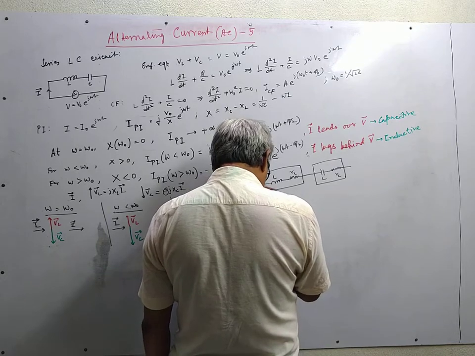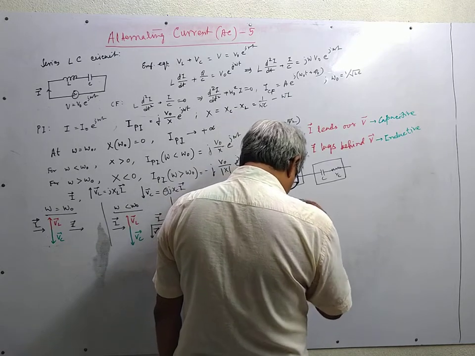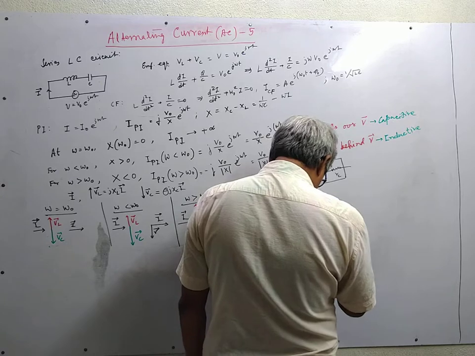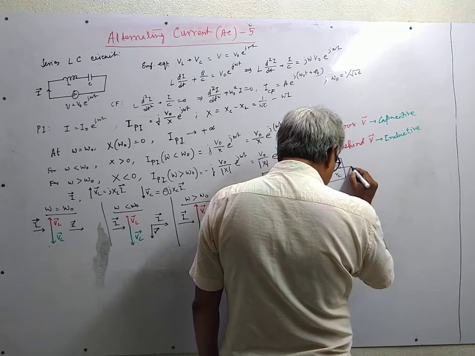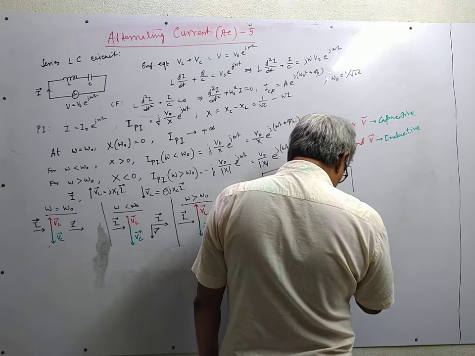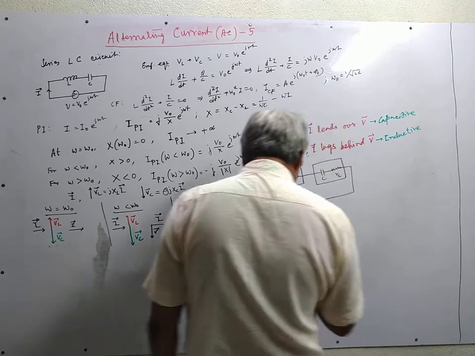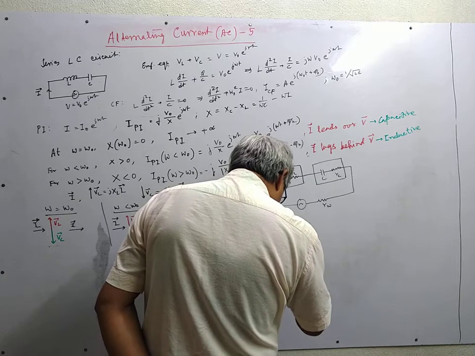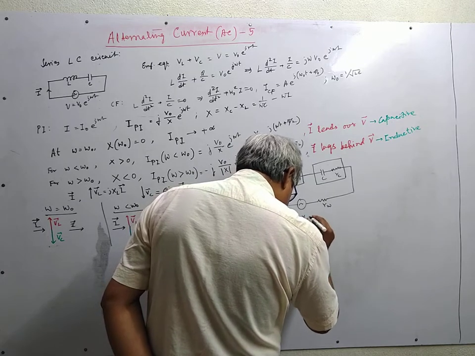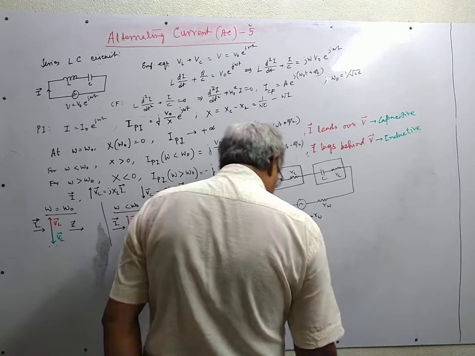Apart from this, some extra resistance may appear due to the resistance of the wire or from the junctions, which we call RW. So the total resistance of the circuit will be RL plus RC plus RW.